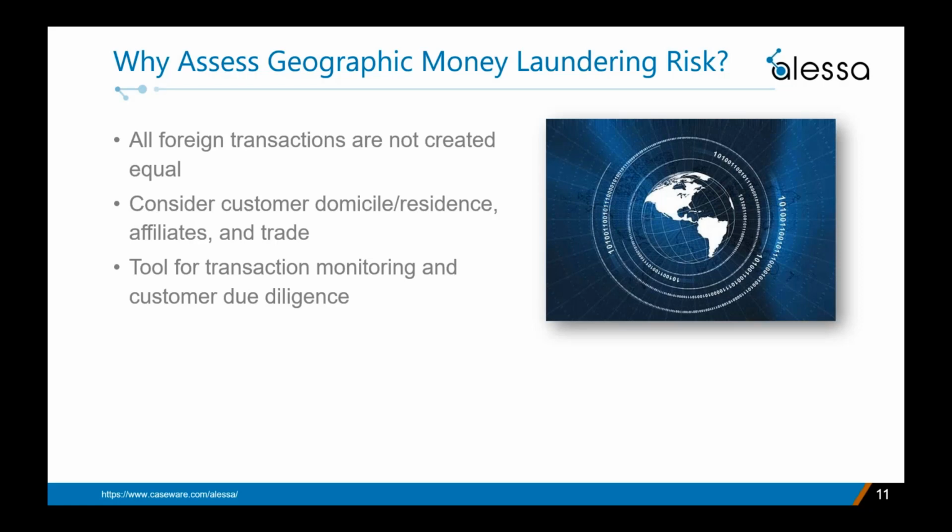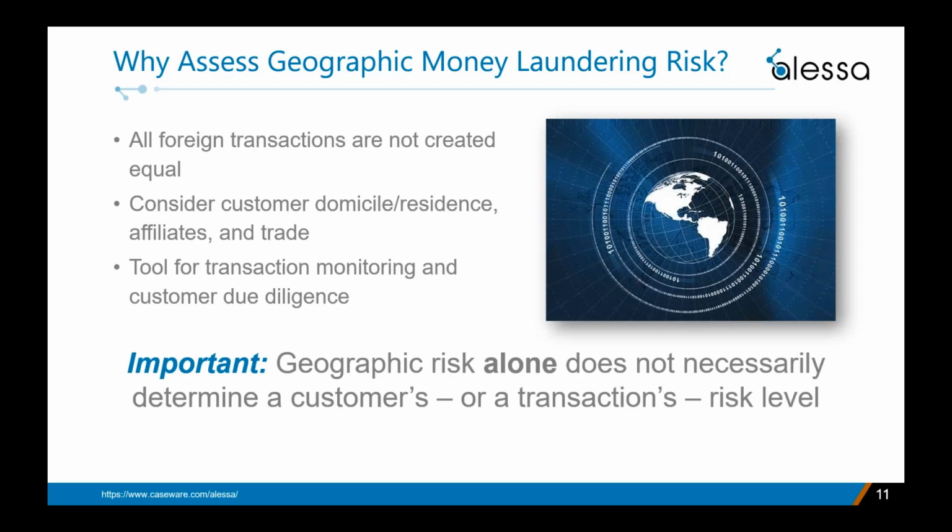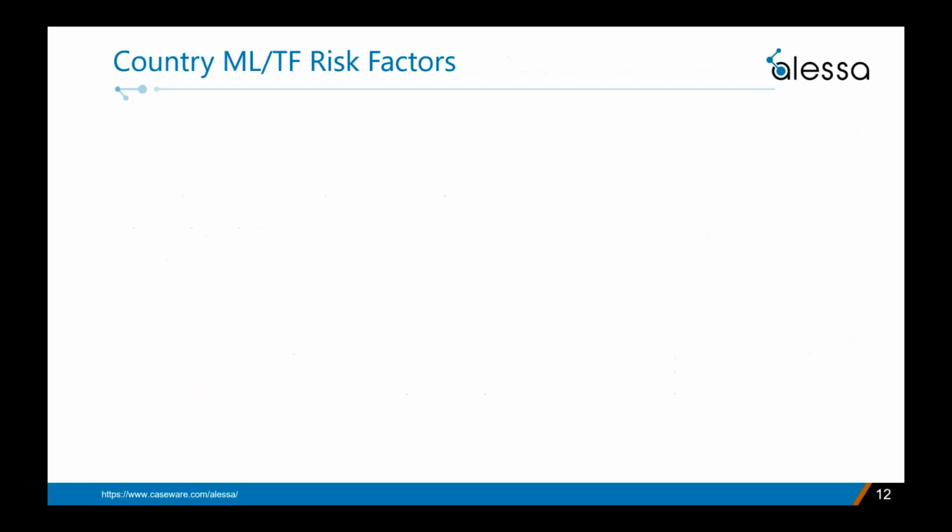If a customer, say, has an affiliated entity, such as a parent or subsidiary company, in a high-risk country, then we want to find out more about it and potentially label this customer as higher risk. It is important to recognize, though, that geographic risk alone does not necessarily determine a customer's or a transaction's risk level, either positively or negatively.